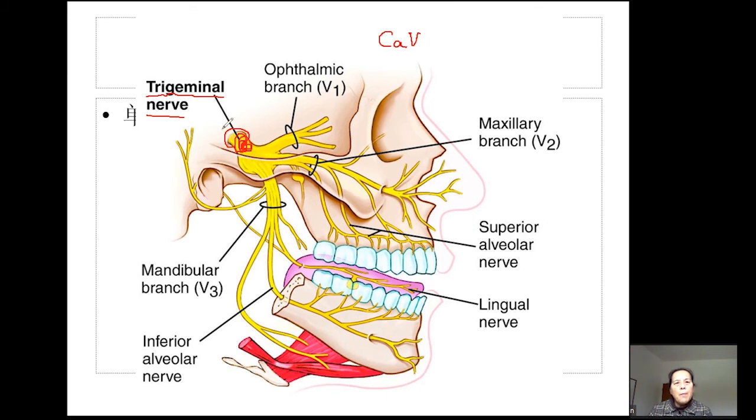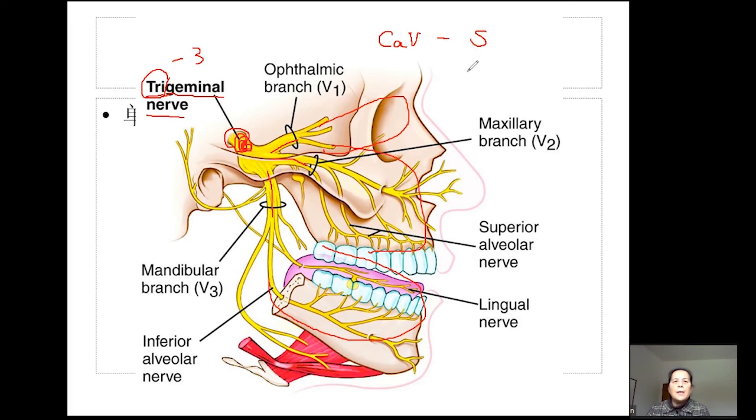For this nerve, the name tri usually means 3. It means it has 3 branches. Number 1 goes around the eyes. Number 2 goes around the nose. Number 3 goes around the mouth. It is mainly sensory.